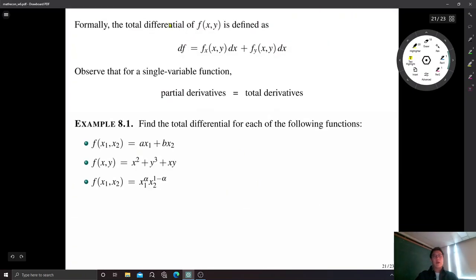Formally, the total differential of f is defined as df equals the partial derivative with respect to x times dx, plus the partial derivative with respect to y times, oh, this is a typo, it should be dy.